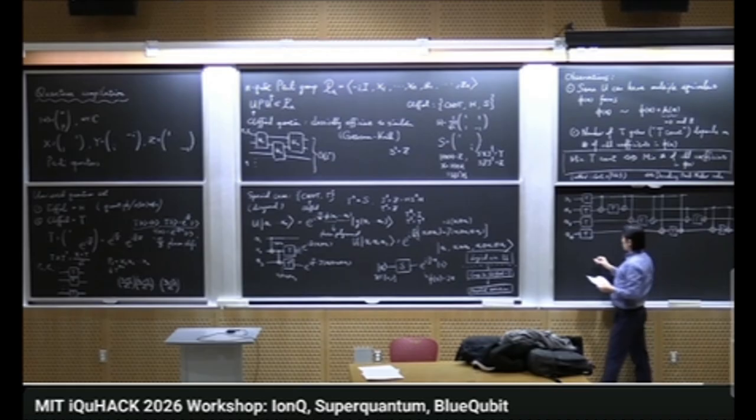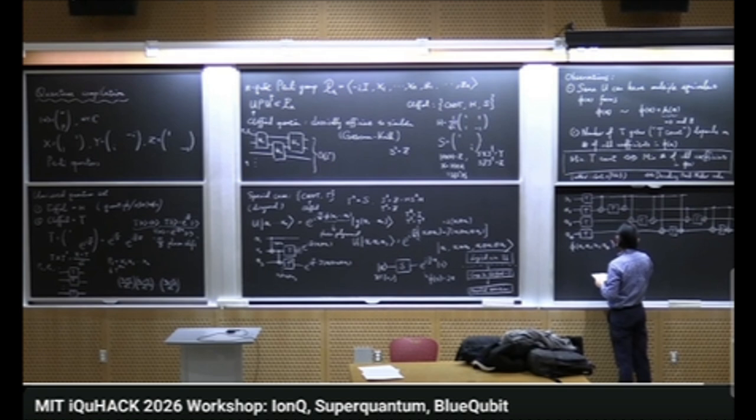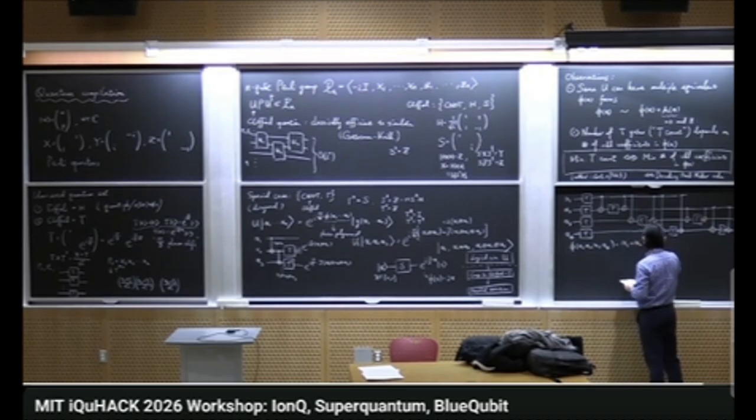So this will have a phase polynomial. By the way, it's called a polynomial because it's a linear function, and technically linear functions are also polynomials.